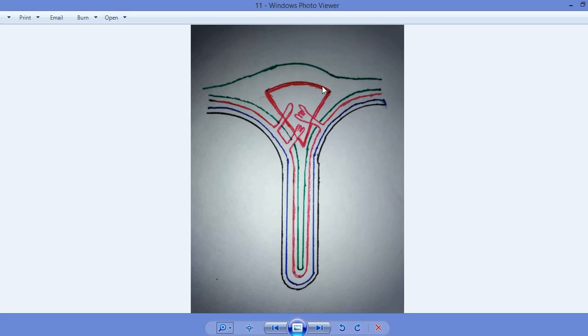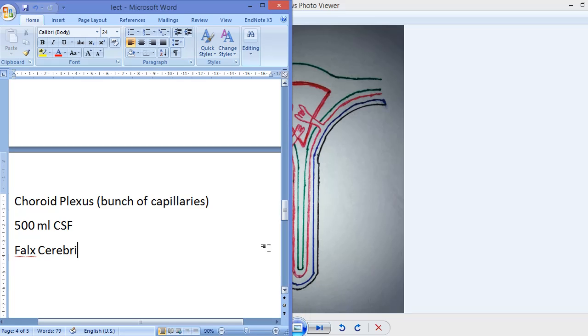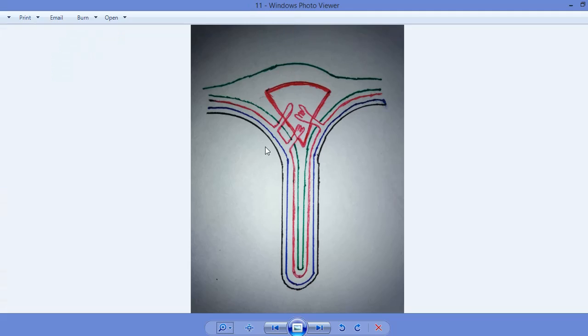It is just a sinus of the vein. This is very important, so I'm going to write it: superior sagittal sinus. This is for venous return.